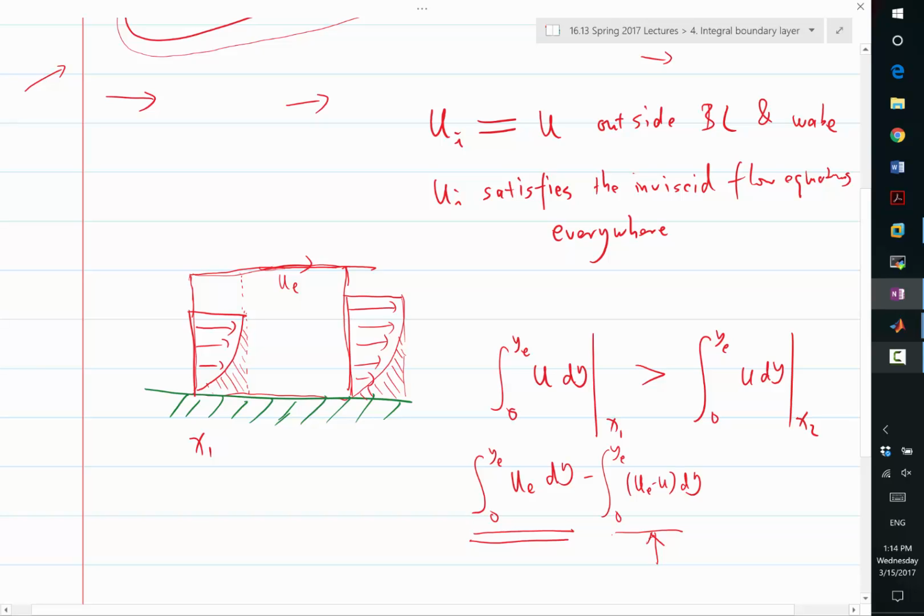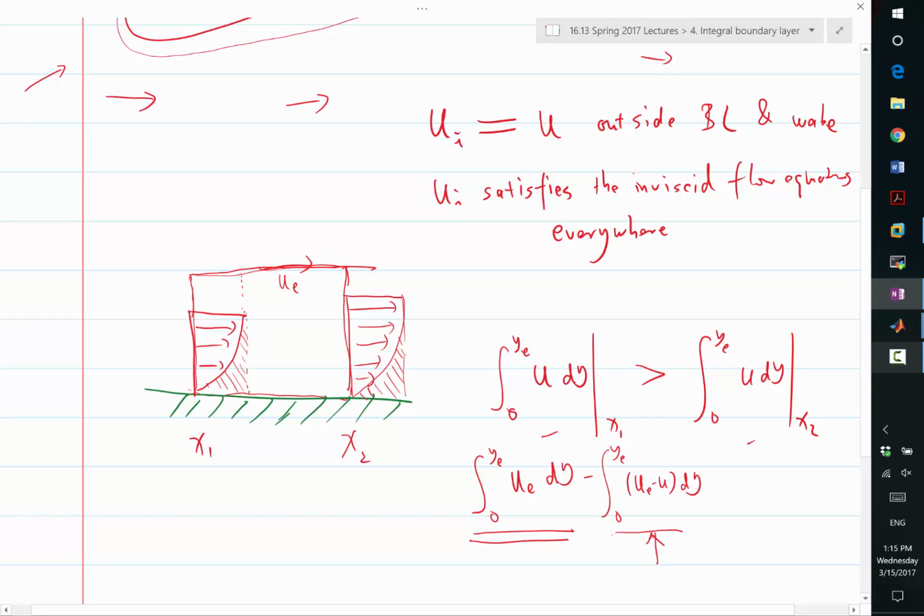Starting from x1 going to x2, the x dimension of this defect did not grow. It's always UE. But the y dimension has grown because the boundary layer has grown. Therefore, the area has grown proportionally to the thickness of the boundary layer. So this is greater than this.